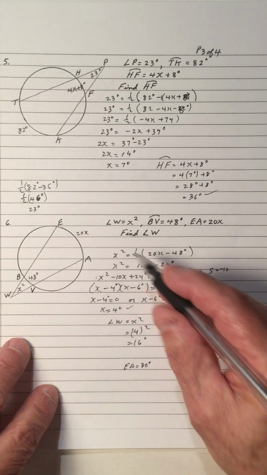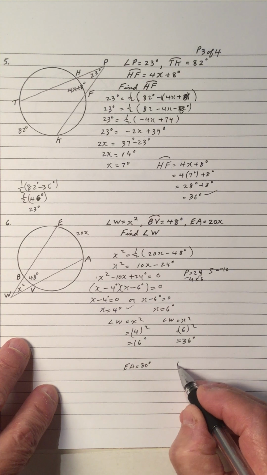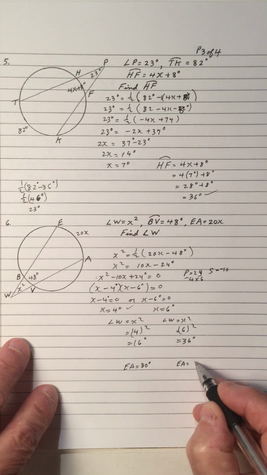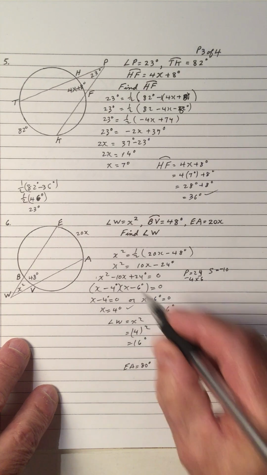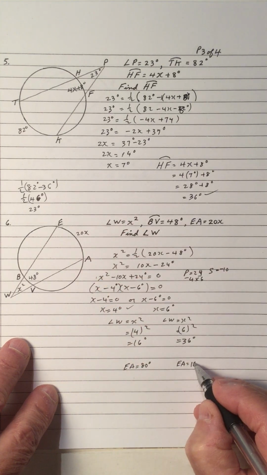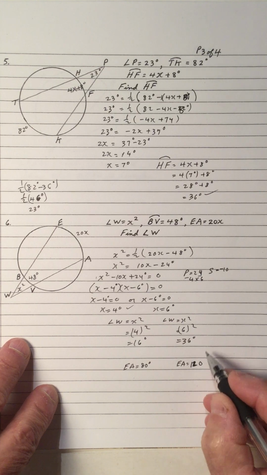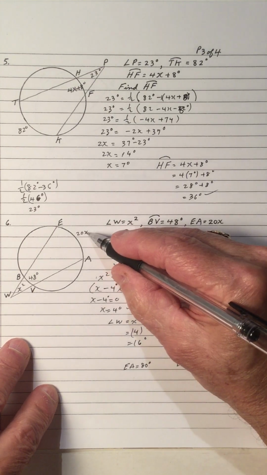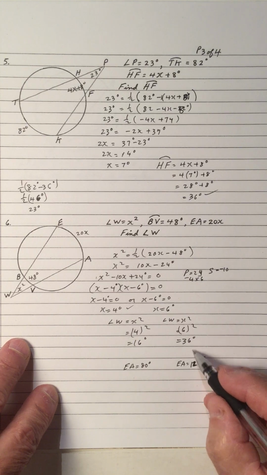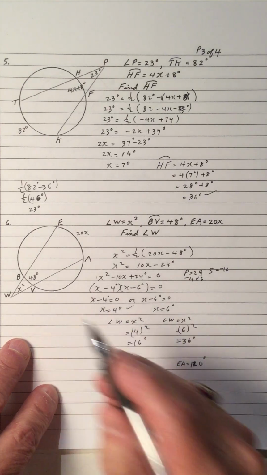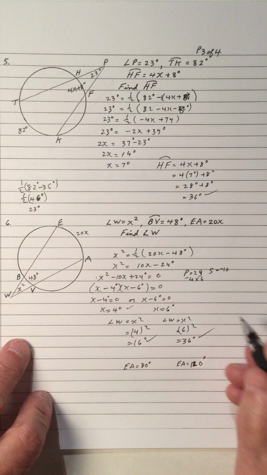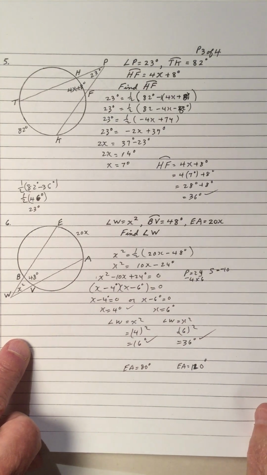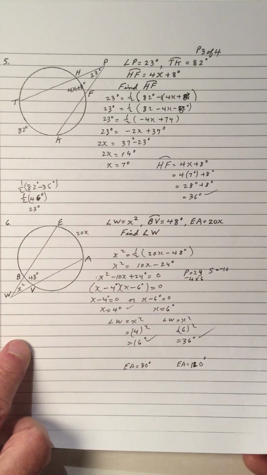And you put 6 in here, so EA is 20 times 6, which is 120. And again, we subtract these two and take a half, you get 48. So there are 2 answers for angle W. So there are 2 possible diagrams.